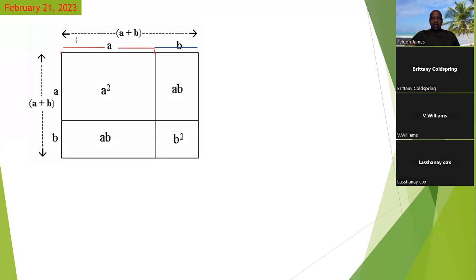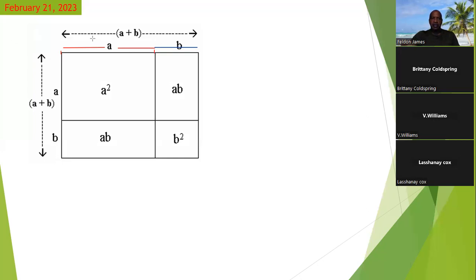And so we can say the length here would be the sum of A plus B, because in algebra, when we don't know exactly what the terms are, and if they are not like terms, we generally leave them as an expression with a plus sign between them.